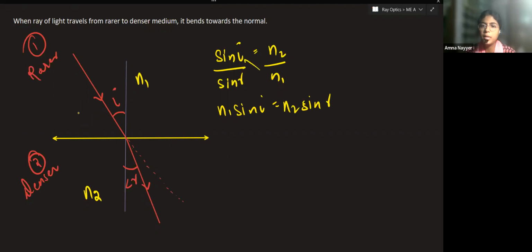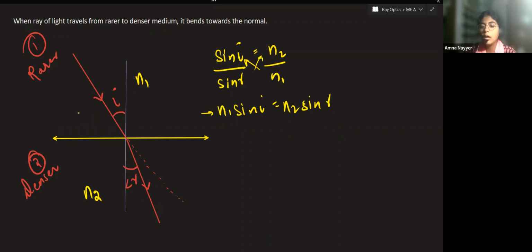If you cross multiply, you will get this only. But by this, you can forget whether it was N1 on the numerator or N2 on the numerator. That can be confusing for you. So it's a better way to do it: the refractive index of that medium multiplied by sine. By this, you can easily derive this as well as solve the numericals. From this only, you will be able to solve all these numericals.